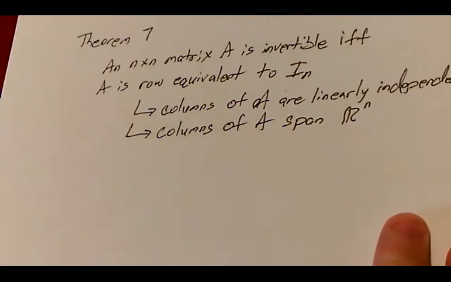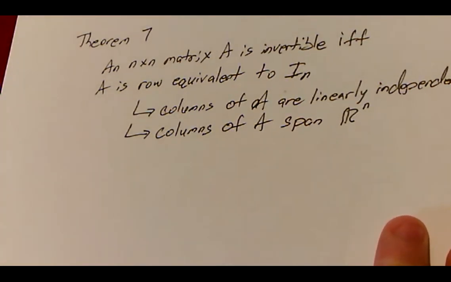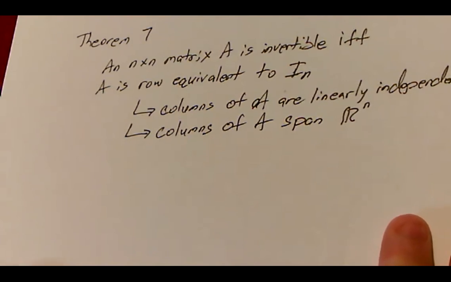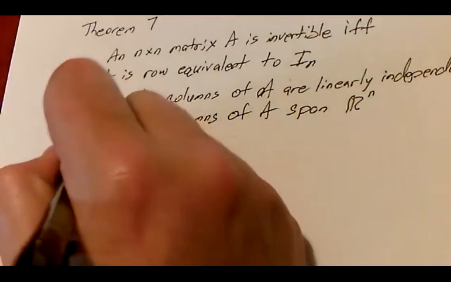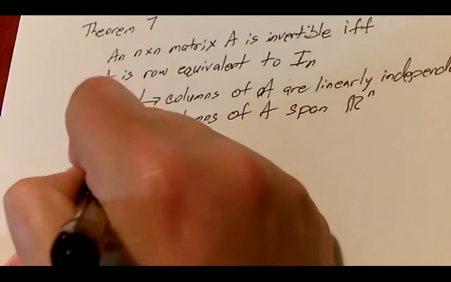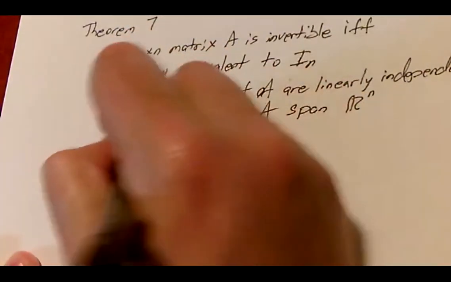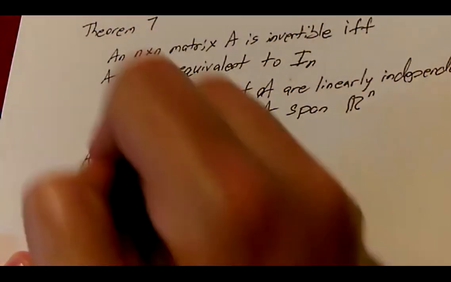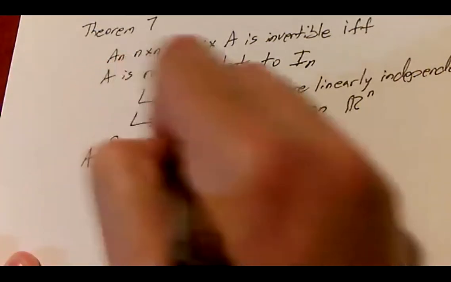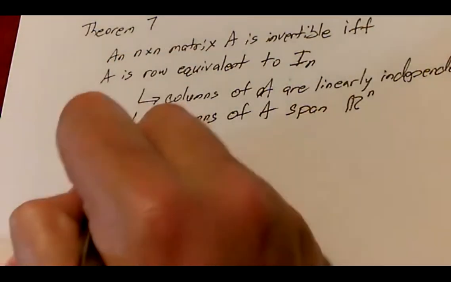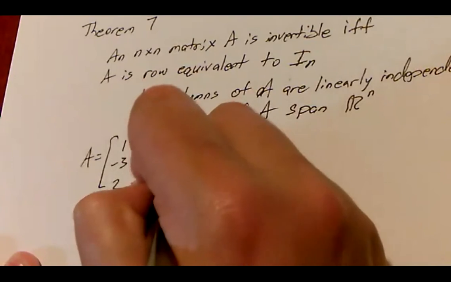Now, when I'm doing those row operations, let's think about what's happening here. So I'm going to take a matrix A. This matrix is 1, 0, -2, -3, 1, 4, 2, -3, 4.